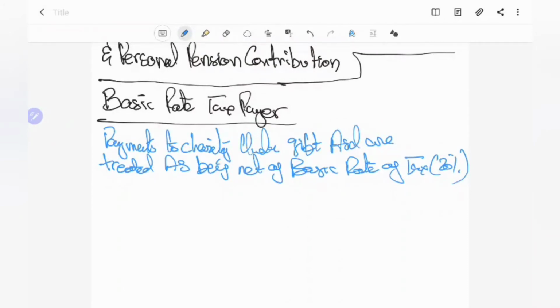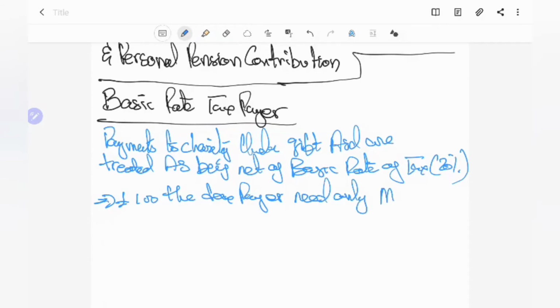Okay, for a basic rate taxpayer, relief at the basic rate is automatically obtained as the payments are made to the charity net of basic rate relief, being given at source. To give the charity, let's say, £100, the taxpayer need only make a gift aid payment of £80.